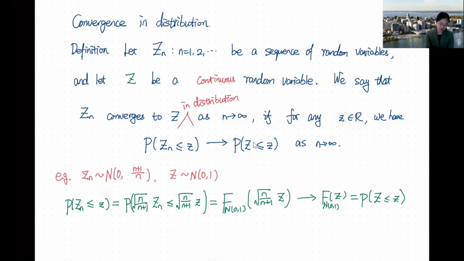In other words, the CDF of Zn converges to the CDF of Z as n goes to infinity. So convergence in distribution to a continuous random variable is defined as the convergence of the CDF at every point.